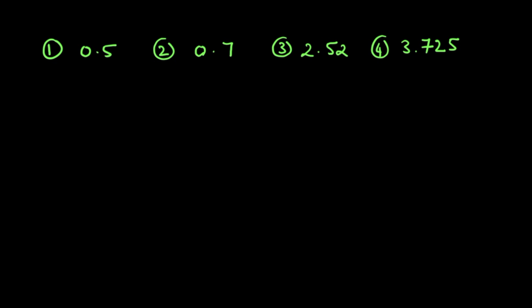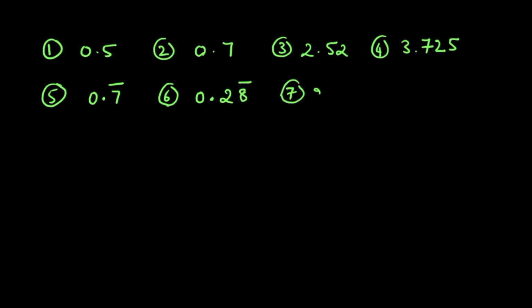And now the fifth question is, try this problem: 0.7 bar. This is a non-terminating recurring decimal, right? And 0.28 bar.